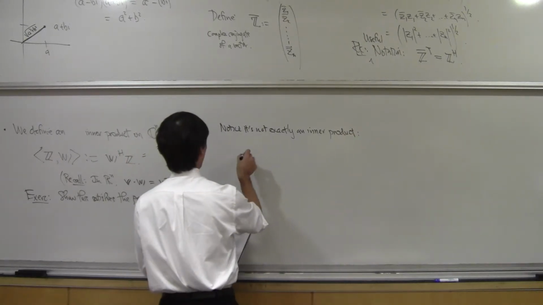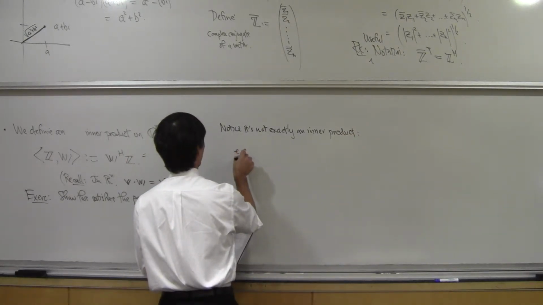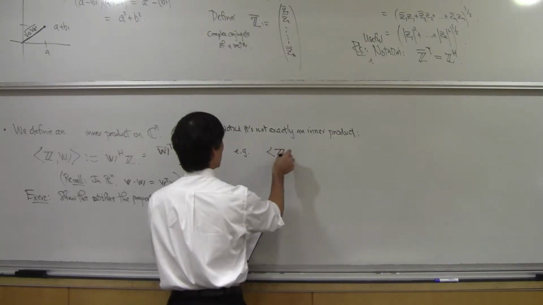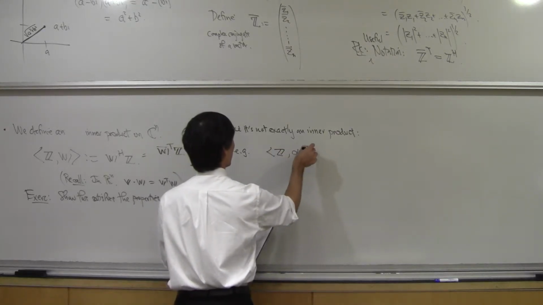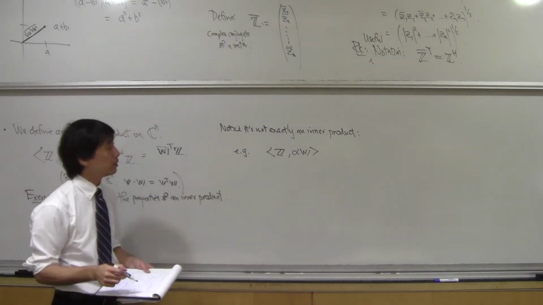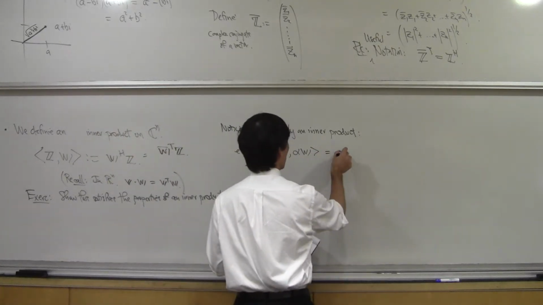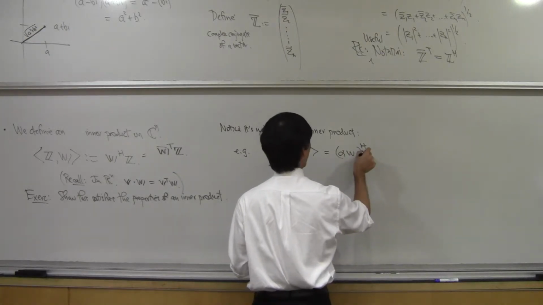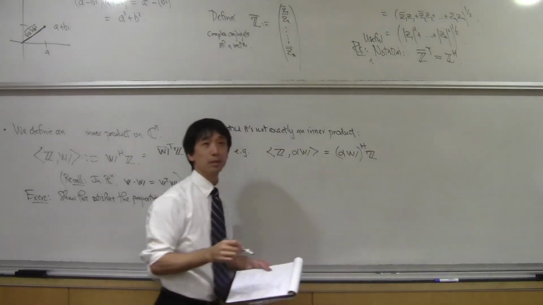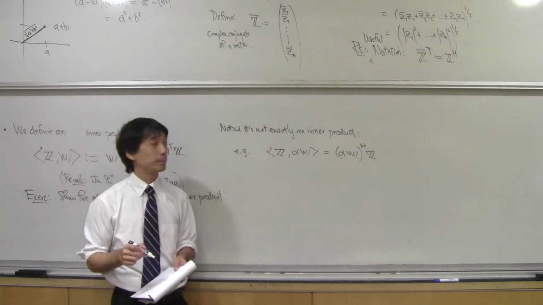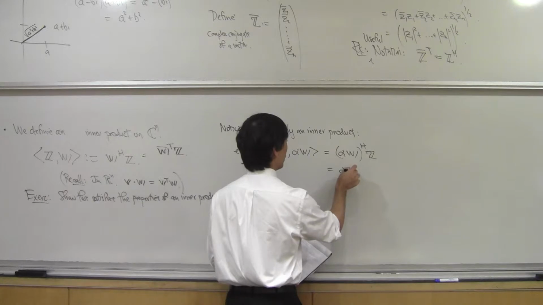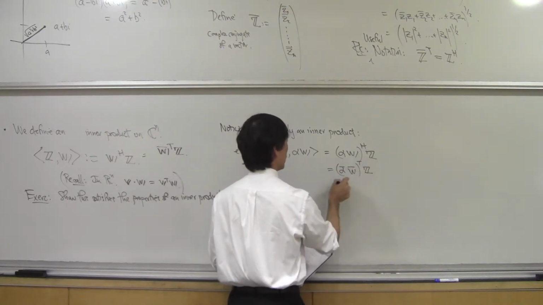Because if you look at, for example, Z against alpha W, well, that's going to be alpha W conjugate transpose times Z. Right?